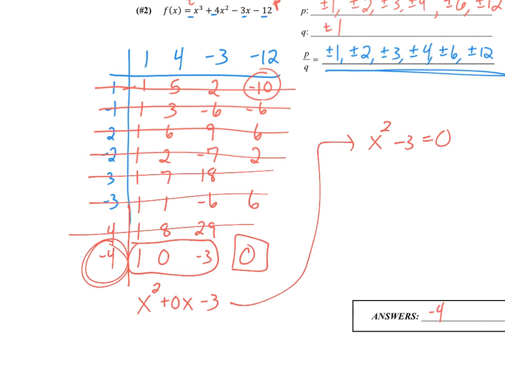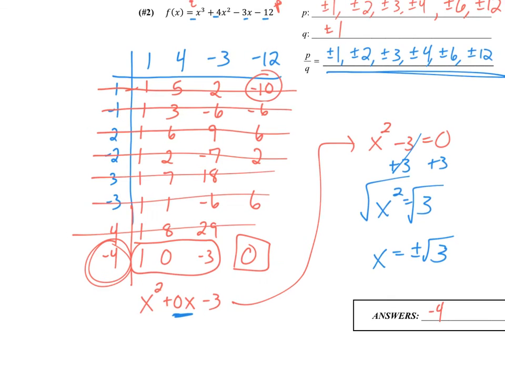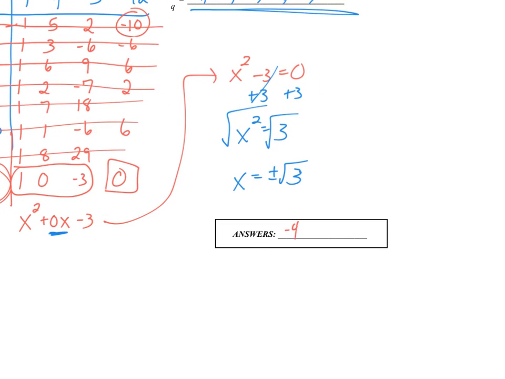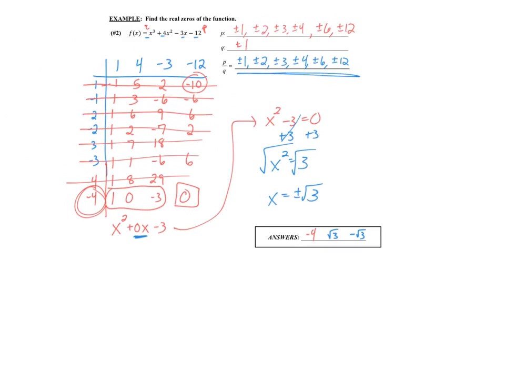By the way, I'm getting ahead of myself, we don't need to put down the 0x, so over here I didn't put it down. So we add 3 to get x squared equals 3. And then we take the square root to get x equals plus or minus square root of 3. So the other zeros are square root of 3 and negative square root of 3. And that would be our answer.